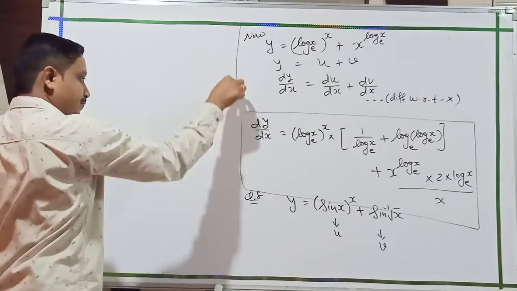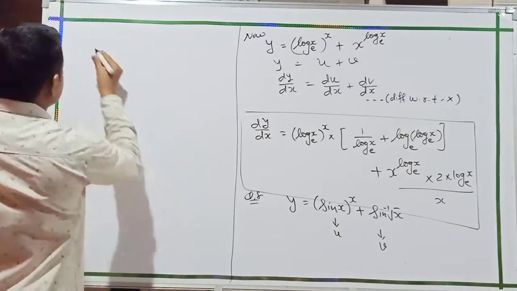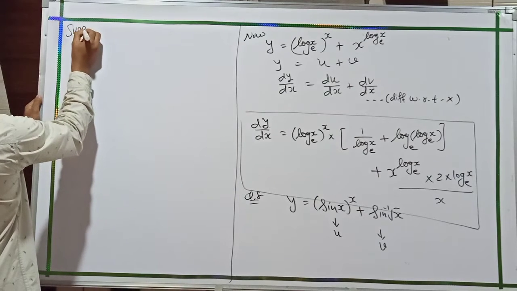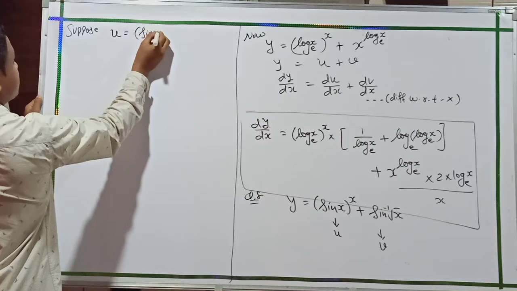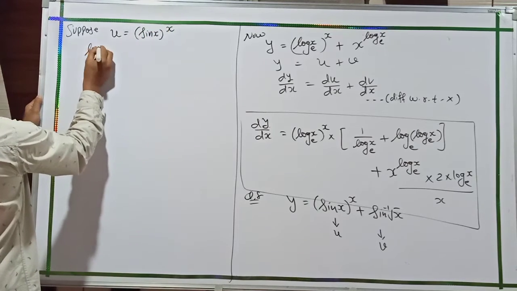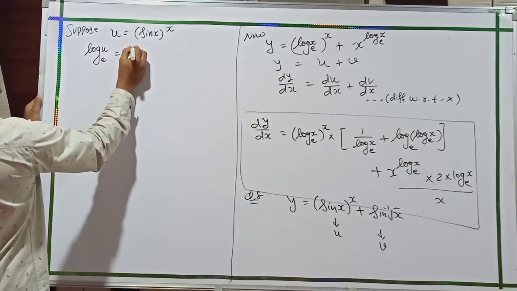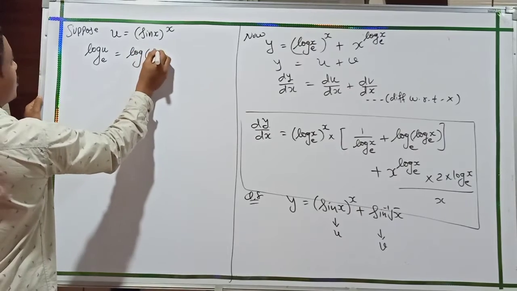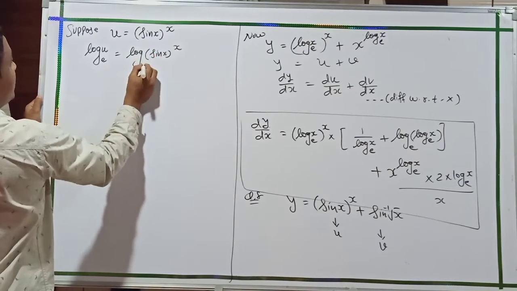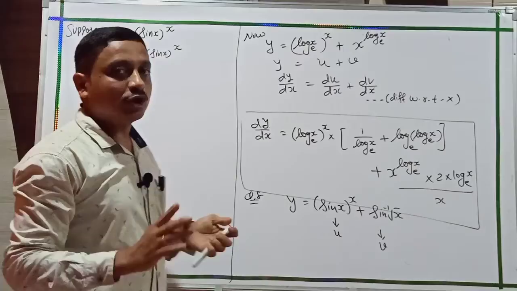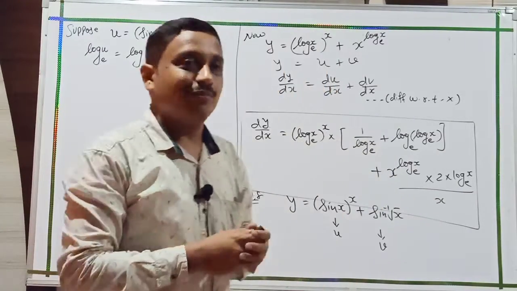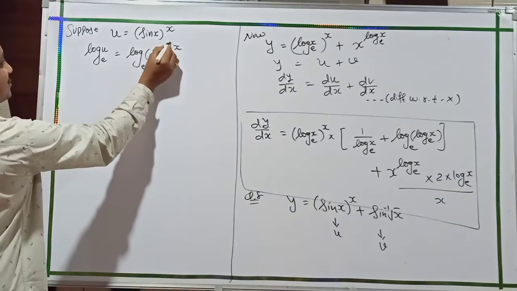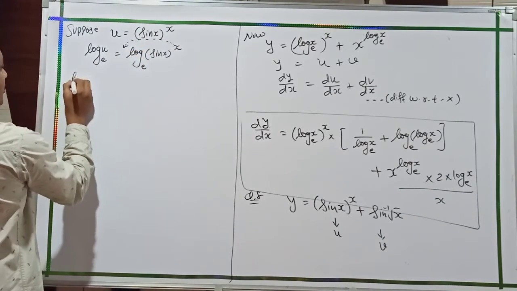Just start. Suppose u is equal to sin x to the power x, taking log on both sides, because the base and the power are both variables. So the property is the same: you take this x outside according to the log property.